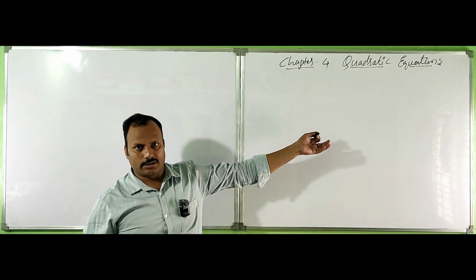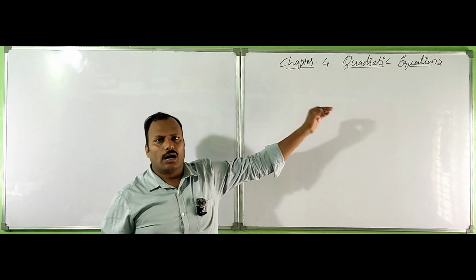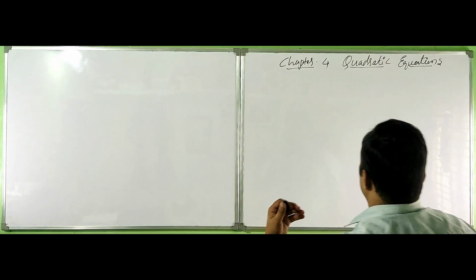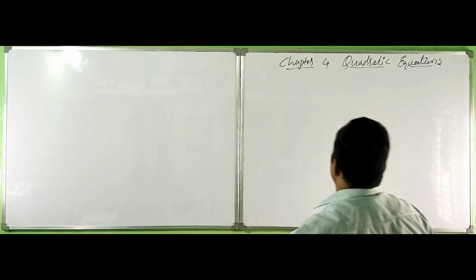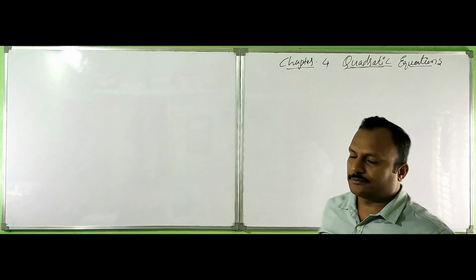Algebraic means unknown numbers: a and b, x and y, s and t, p and q, something else. Unknown numbers you're taking. That is the algebraic expression of variables. Equation is an algebraic expression of variables. This is the quadratic equation, quadratic equations in polynomials.